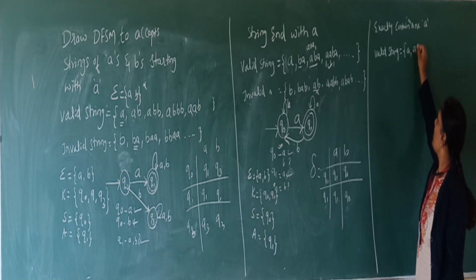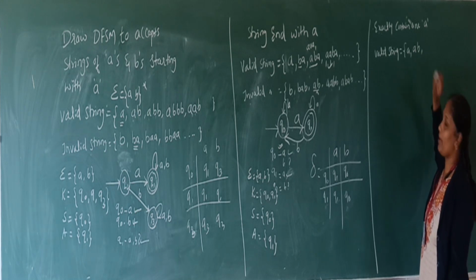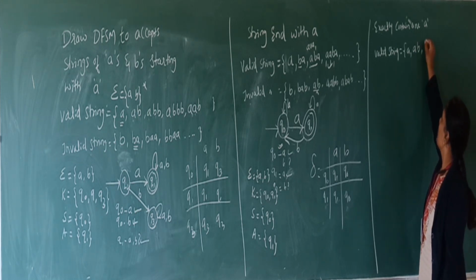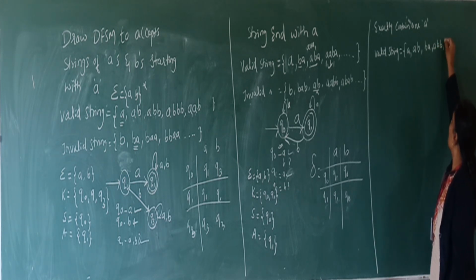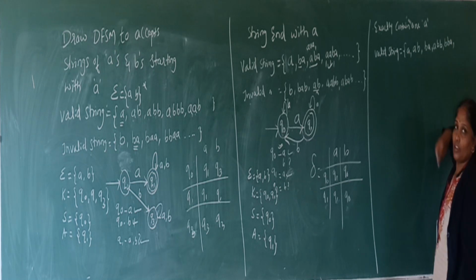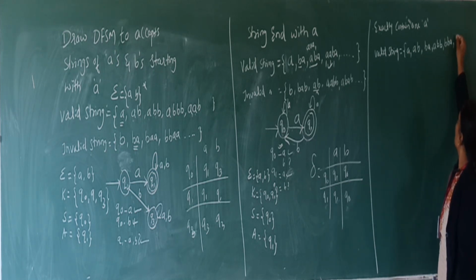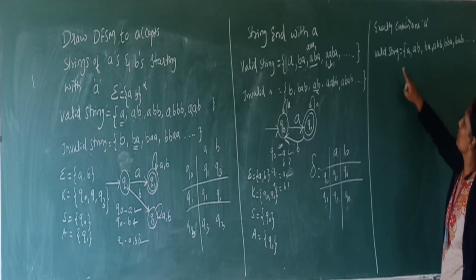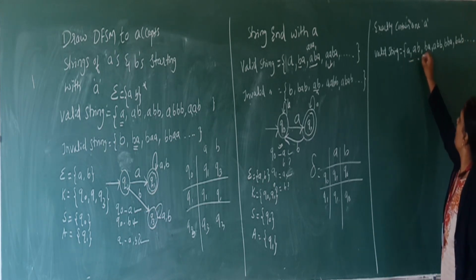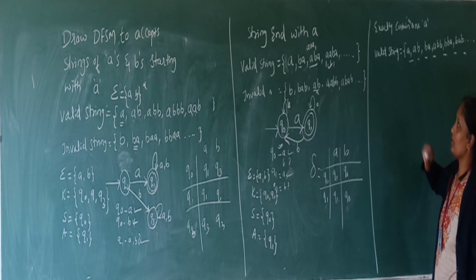So AB is valid because A occurred one time. Next, BA is also valid. Next, ABB is valid. Next, BBA is valid. Next, BAB is also valid. So the strings which have exactly one A are valid strings.